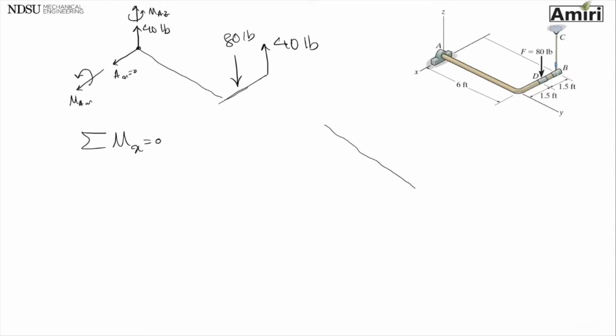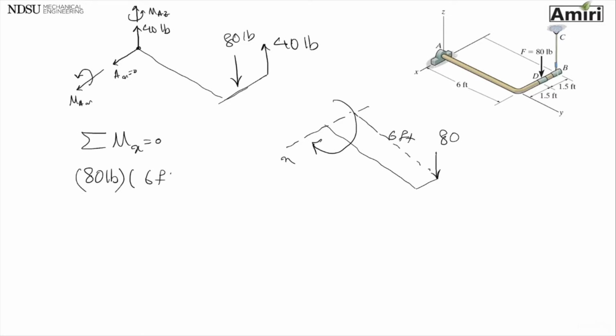This is my beam. This 80 is trying to rotate this whole thing about the x-axis, isn't it? At this distance, which is 6 feet. So my first one is 80 pounds at a distance of 6 feet.